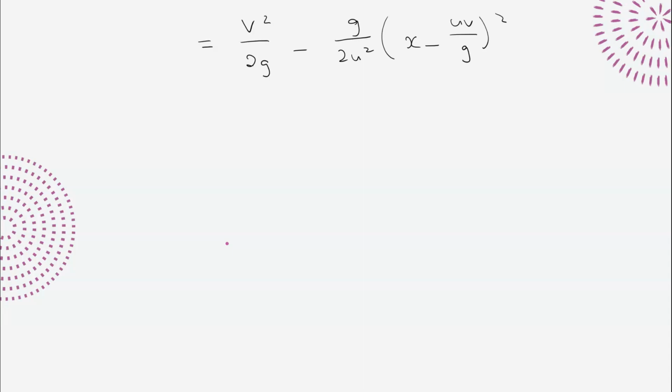Now what we've got is a parabola. What we had was negative g over 2u squared plus v over u x, so we've got this as equal to that there.